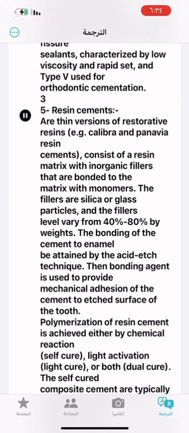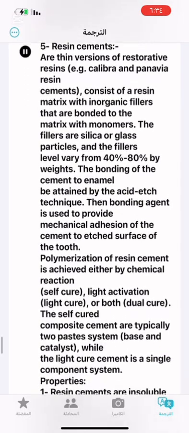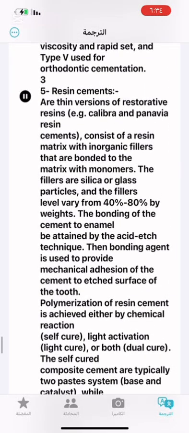The fillers are silica or glass particles, and the filler levels vary from 40% to 80% by weight. The bonding of the cement to enamel is attained by the acid etch technique, then bonding agent is used to provide mechanical adhesion of the cement to the etched surface of the tooth.